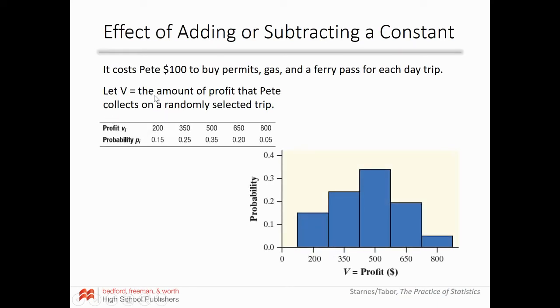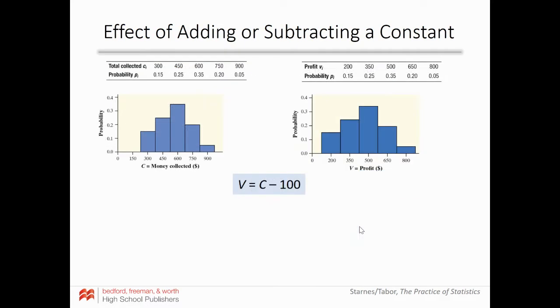So now each one of those data points has been subtracted by 100, all right, because each trip costs $100. So we now go 200, 350, 500, 650, 800, and we can see, hey, my mean did get moved, right? My mean was between 450 and 600. Now it's between 350 and 500.